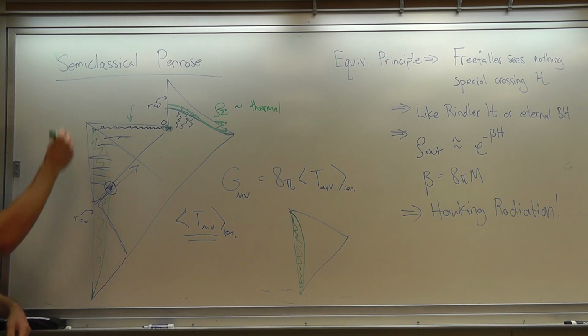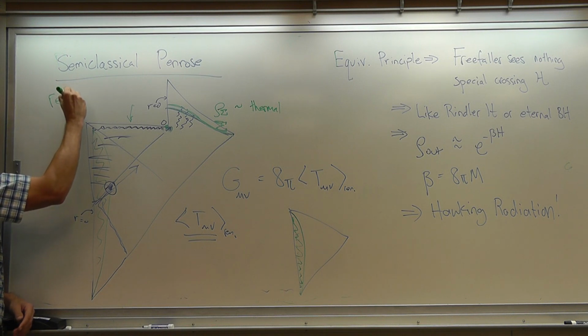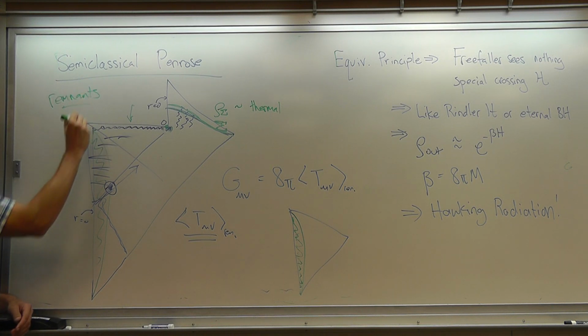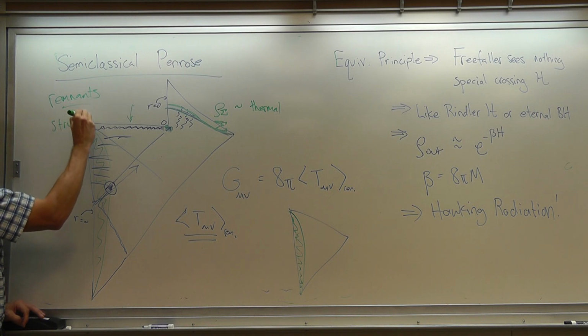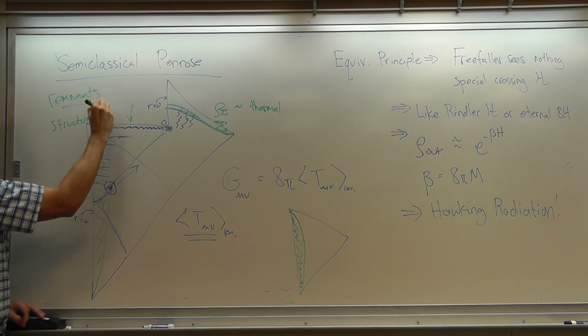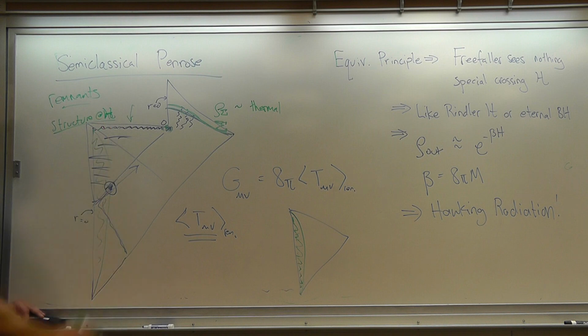So that's one, remnants. The second possibility is structure, I'll call it, at the horizon. That's the other one I've been discussing, where really event horizons don't exist, they're not smooth.